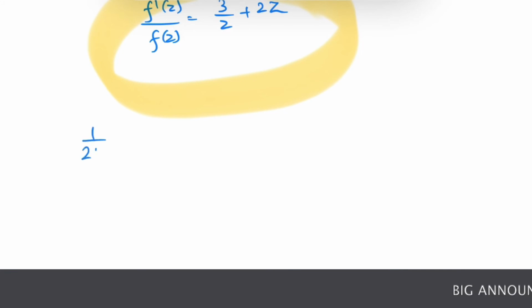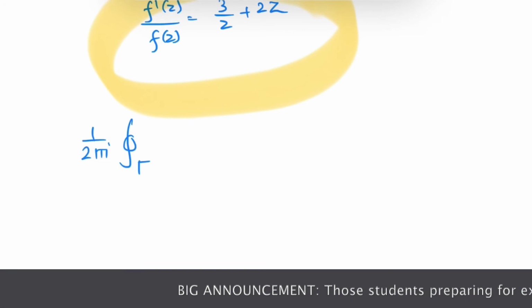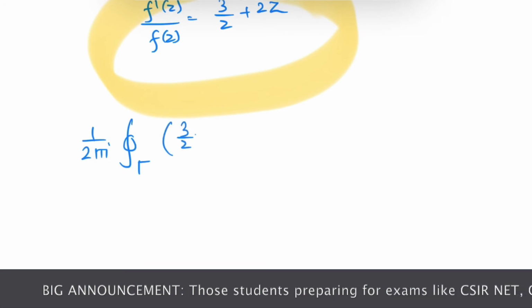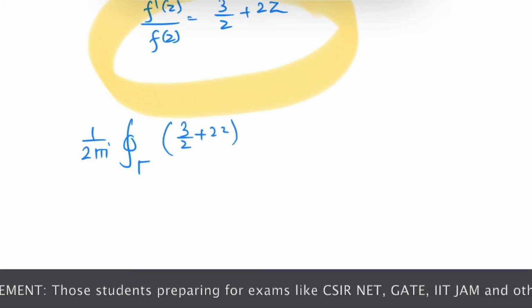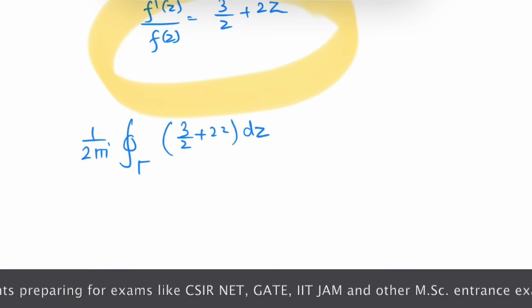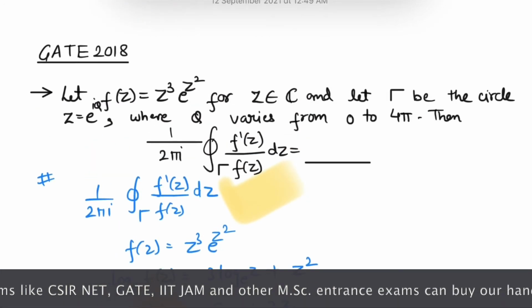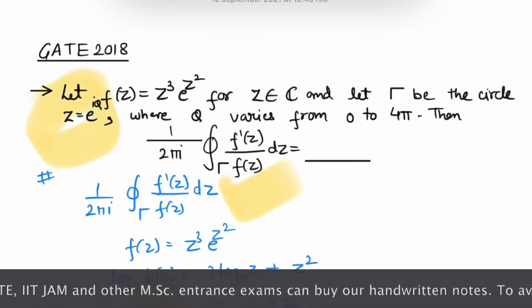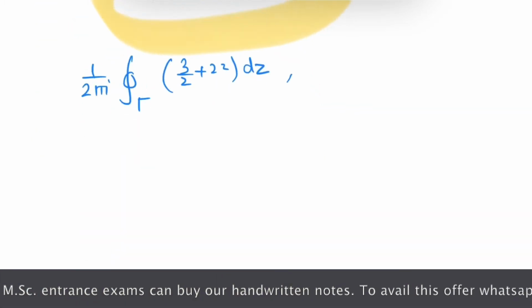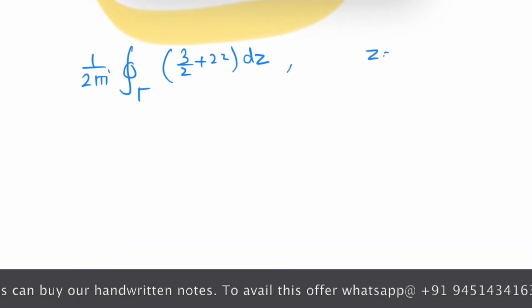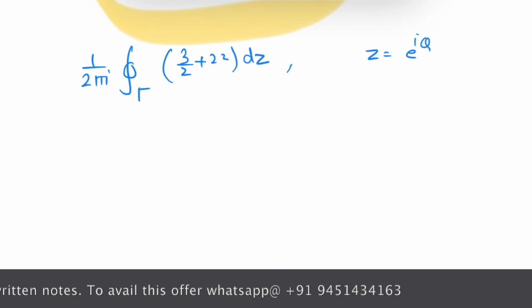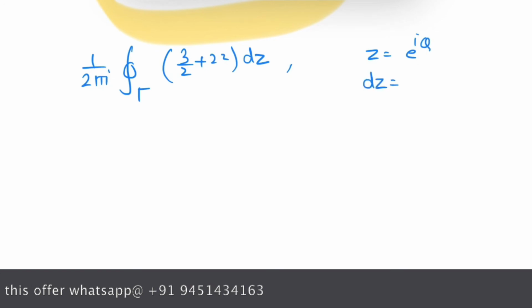After substituting we'll get 1 over 2 pi iota integration over gamma of 3 over z plus 2z dz. And z is given, z is e raised to power iota theta, and from here dz will be iota e raised to power iota theta d theta.